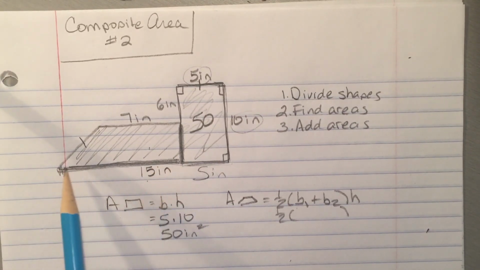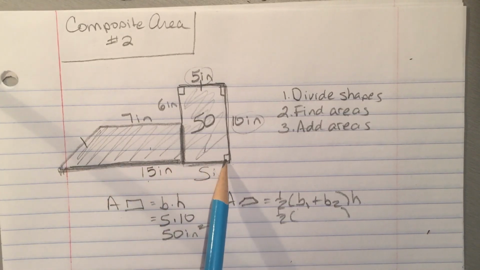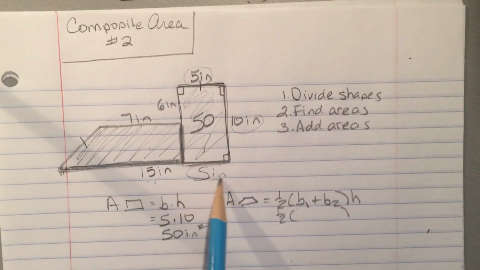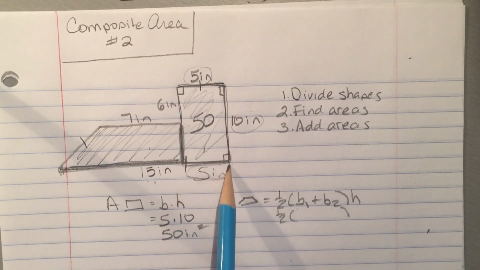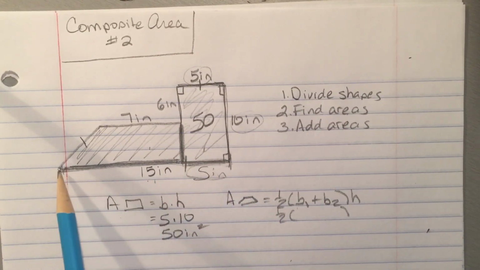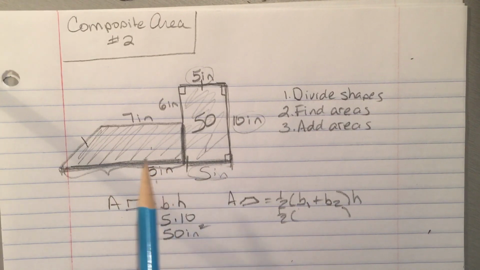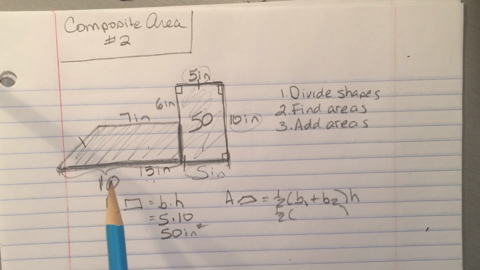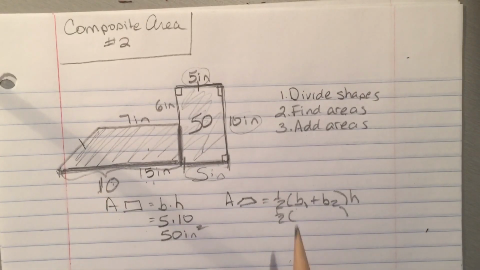No, it is not, because this whole side of the figure was originally 15 inches. But we realize that this part of it is 5 inches. So this part of the bottom of this figure is really 10 inches. And so I'm going to use 10 for base 1 of my trapezoid.